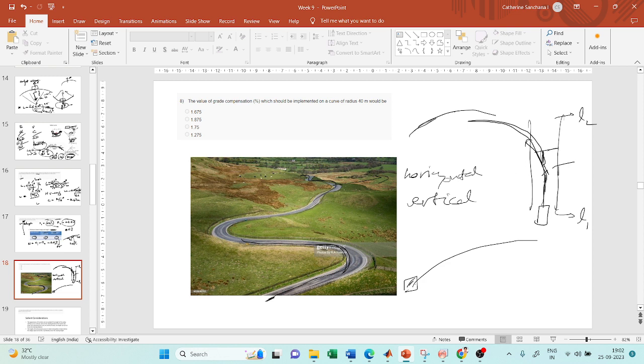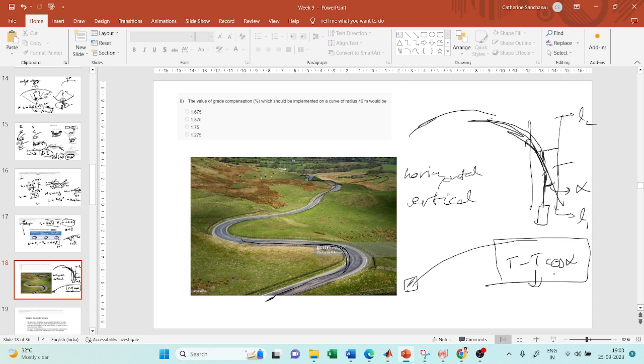If I'm turning my steering and after turning, this angle is alpha, there will be a loss in traction force, given by T minus T cos alpha. This loss in traction force will lessen your efficiency to pull the vehicle. So it will be difficult to travel on this curve where you have a combination of both horizontal and vertical curves.